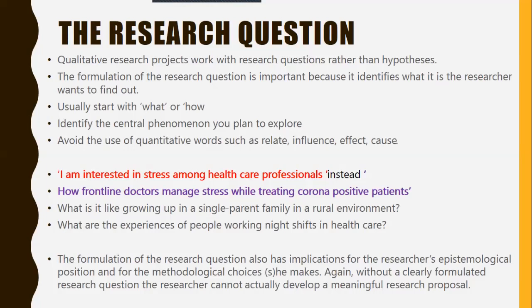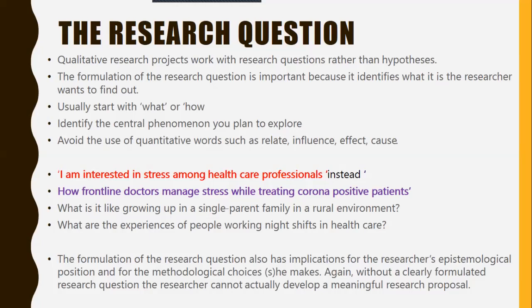Healthcare professionals and their stress can be studied in many ways. There are different dimensions of stress we could look into. So as a researcher, one has to be very specific in what dimension of the phenomena you want to research.